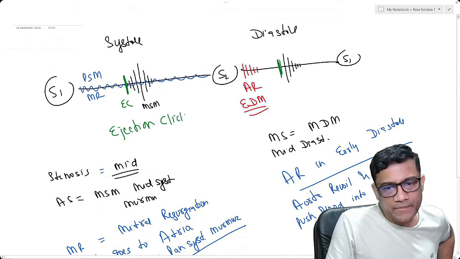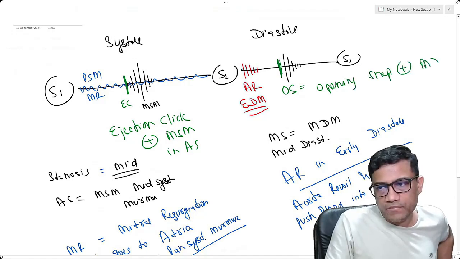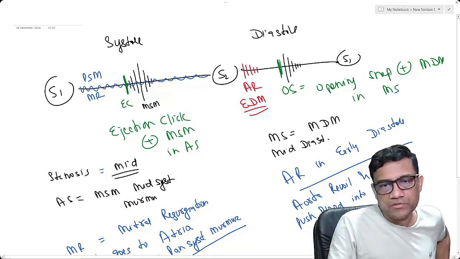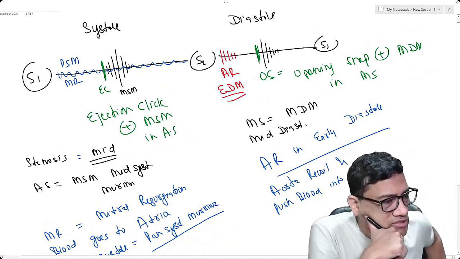It is in MSM plus MSM, in AS, and this is our opening snap. OS is opening snap, plus MDM in mitral stenosis. So ये उसके फंडे हो जाते हैं. Are you clear?